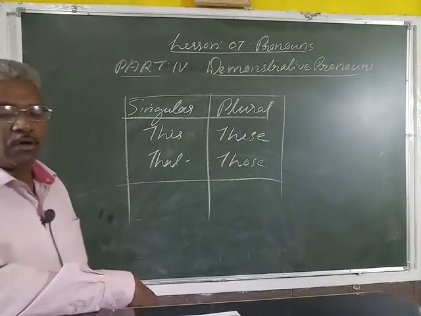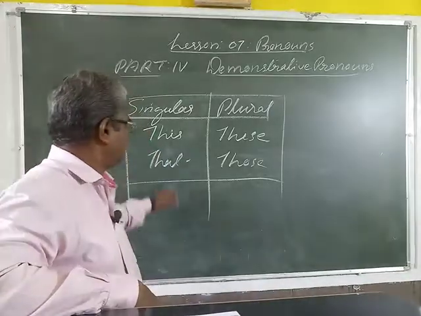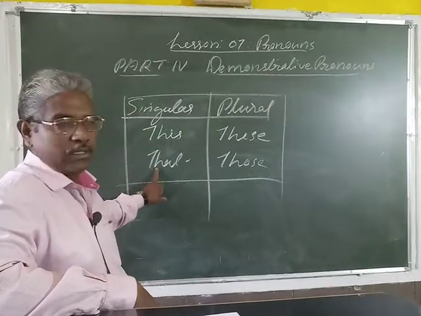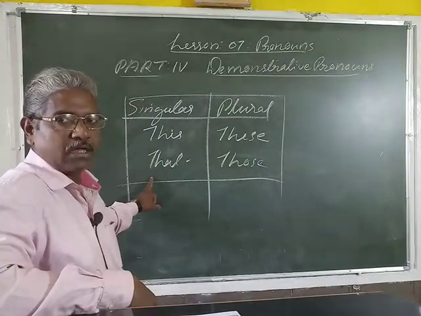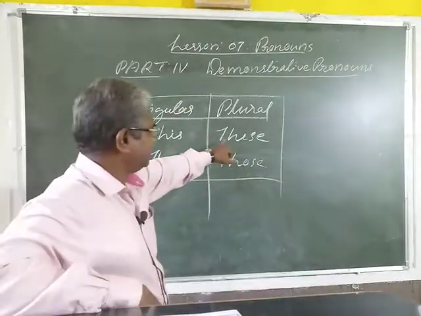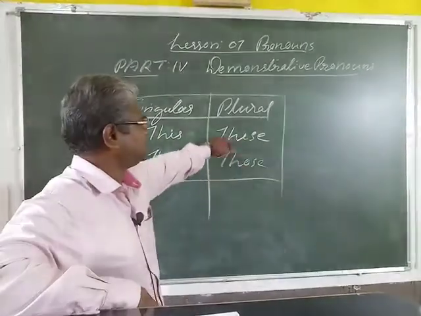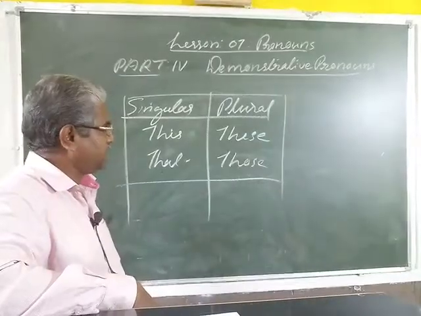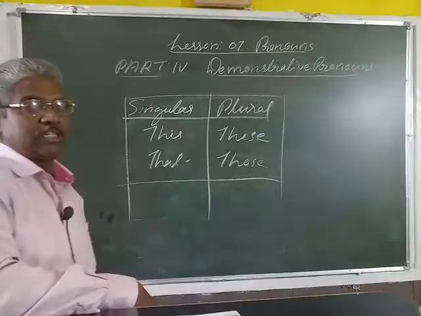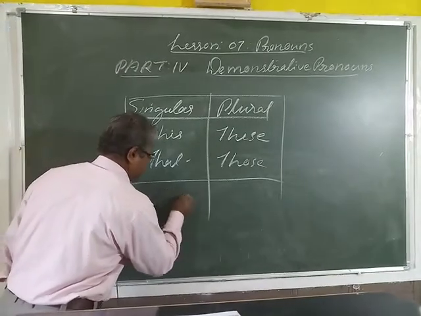Mainly there are four demonstrative pronouns: this, that, these and those. This and that are used in the form of a singular, and these and those are used in the form of a plural. Besides these four demonstrative pronouns, we also use such.